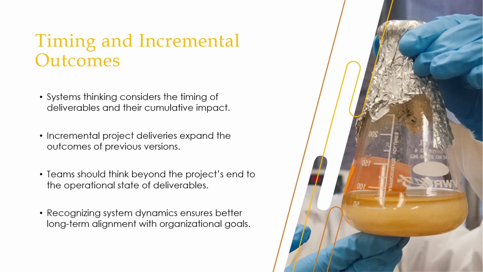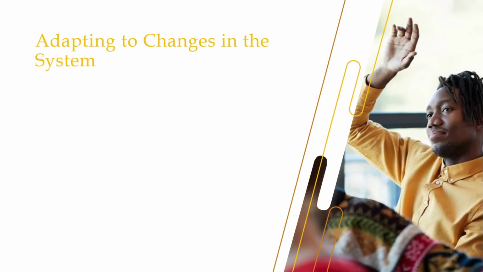Now, by recognizing the dynamic nature of systems and planning with a long term perspective, project teams can better align outcomes with organizational goals and the expectations of the customer. So that's how timing and incremental outcomes are important.